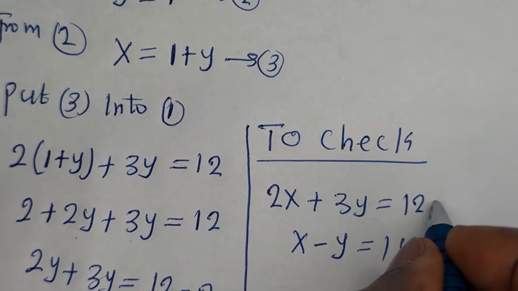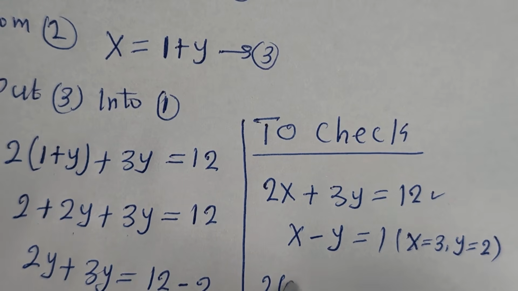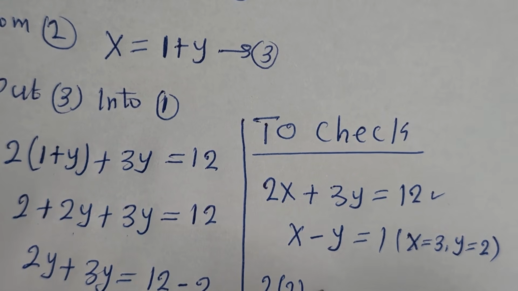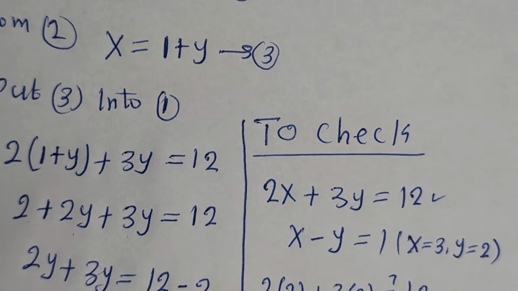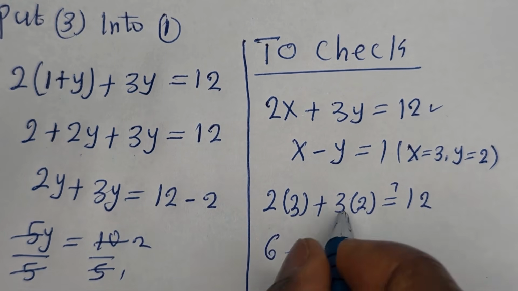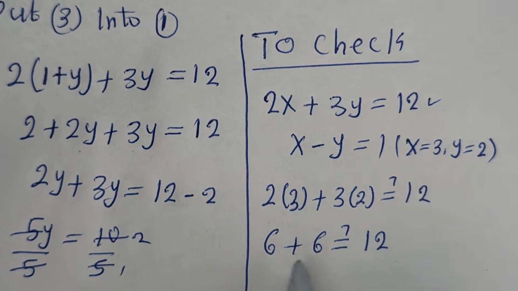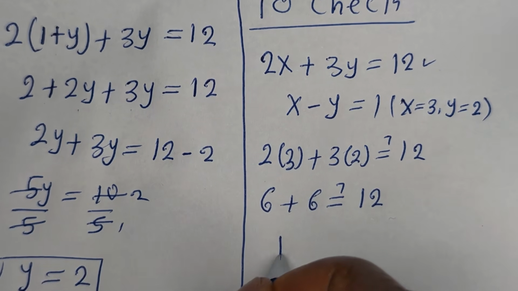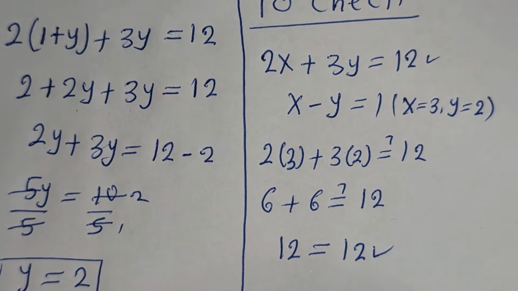Now let us consider this. We have 2 bracket 3 plus 3 bracket 2 must be equal to 12. 2 times 3, this is 6, plus 3 times 2, 6, must be equal to 12. 6 plus 6, this is 12, is equal to 12, which is true.